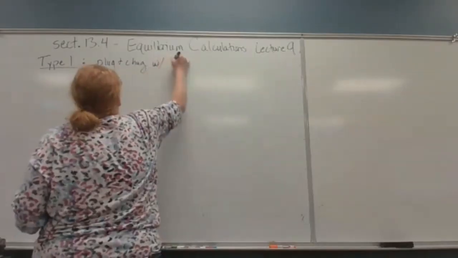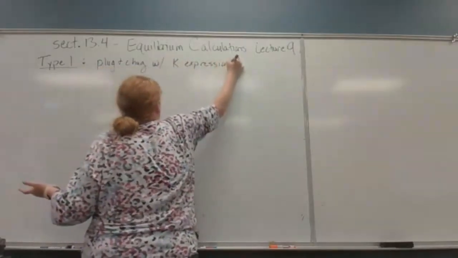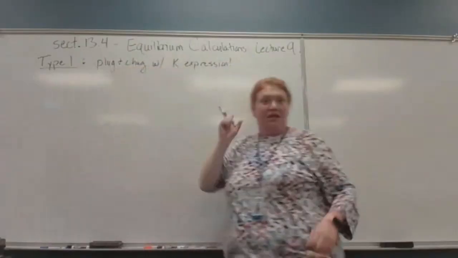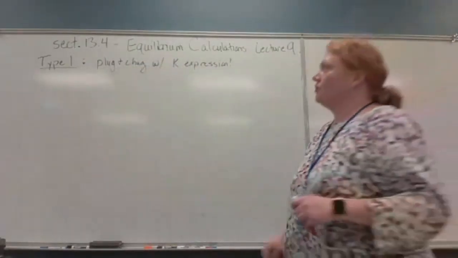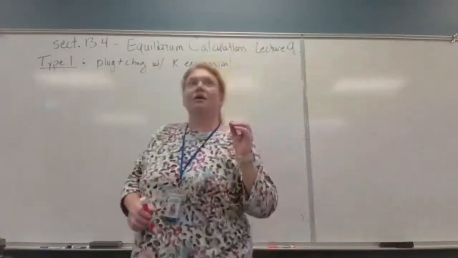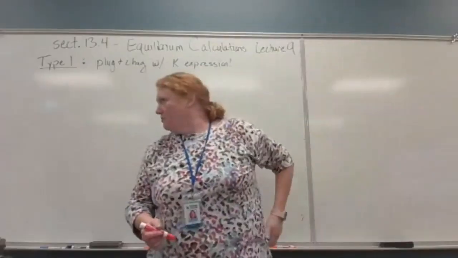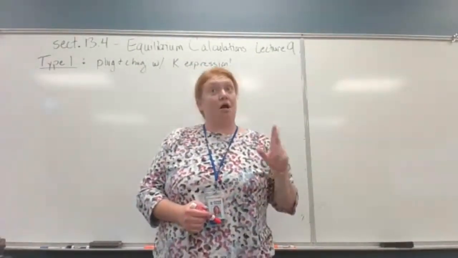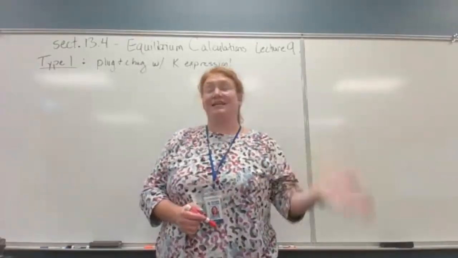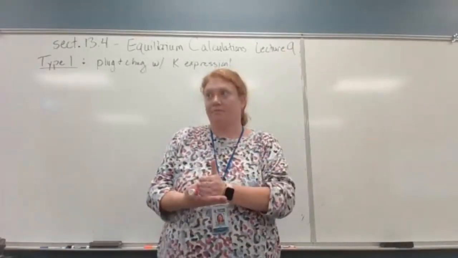You plug and chug with your K expression. This is the easiest type. What do you have to have in your K expression? Just any concentration at any point in time, or must be the concentration when the reaction is at equilibrium?